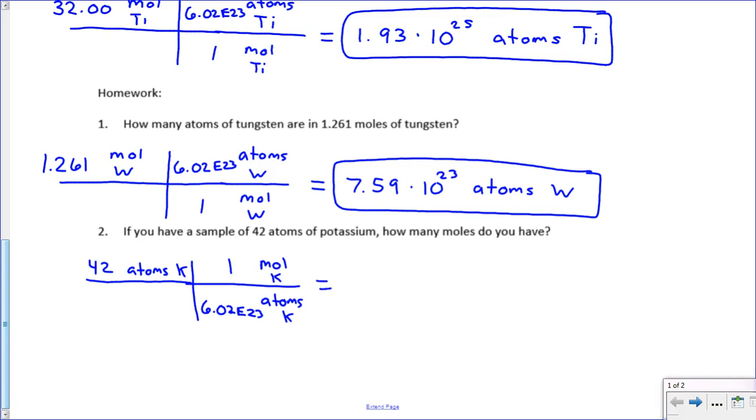We've got 2 sig figs from the 42, 3 sig figs from the 6.02 times 10 to the 23rd, so we should have 2 sig figs in our answer. If you find that and round it correctly, you should get 7.0 times 10 to the negative 23rd moles of K.